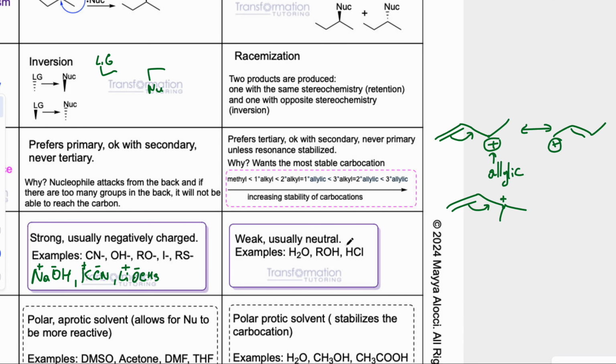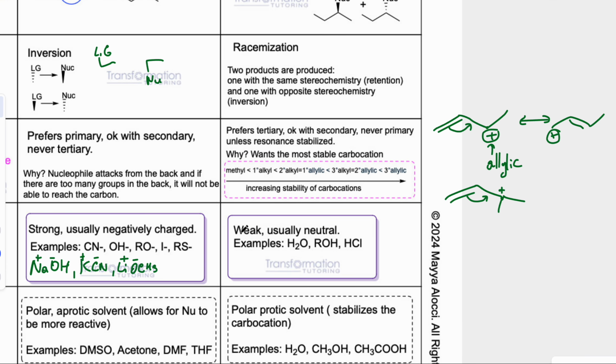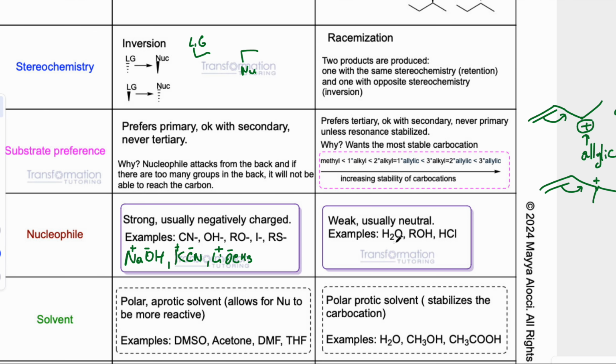Another thing that we need to look out for in SN1 is the nucleophile. What kind of nucleophile do you want? Remember, for SN2 we wanted strong nucleophile, which usually had a negative charge. SN1 is the opposite. SN1 wants weak, usually neutral nucleophile. So honestly, most often the nucleophile for SN1 will be either water, alcohol, or acid.